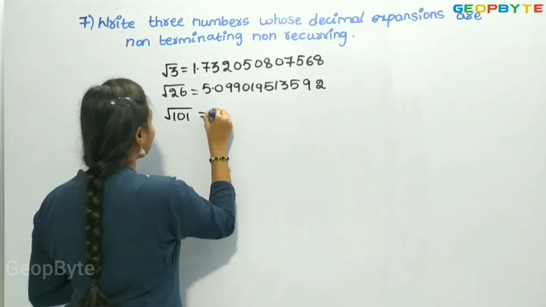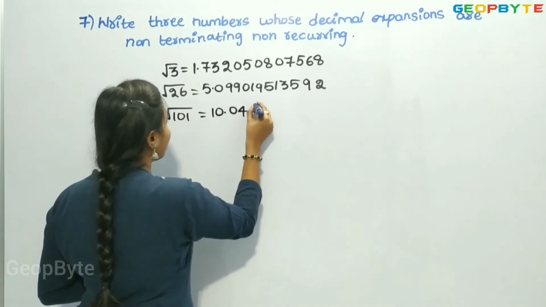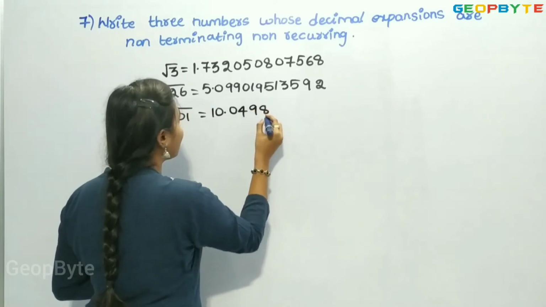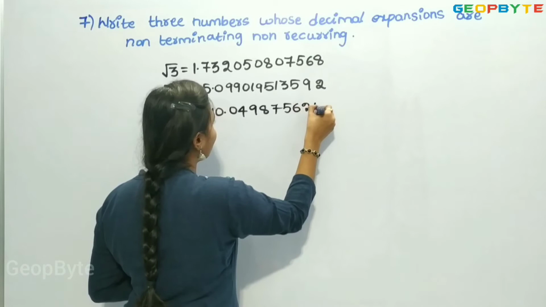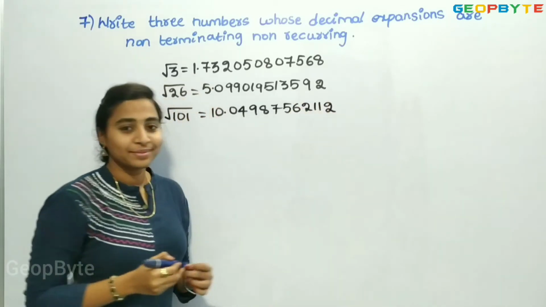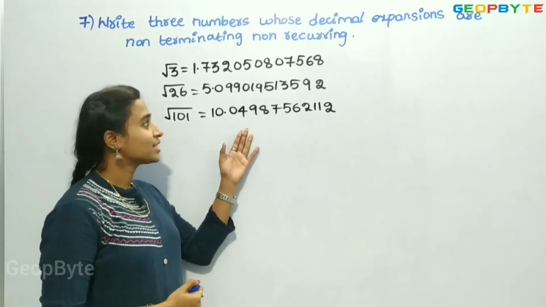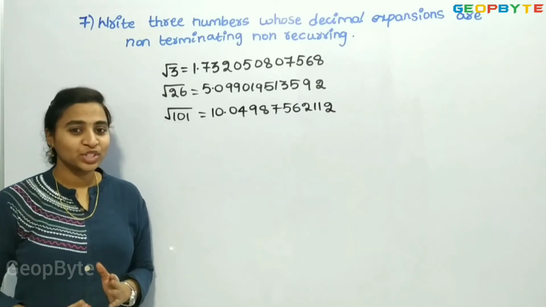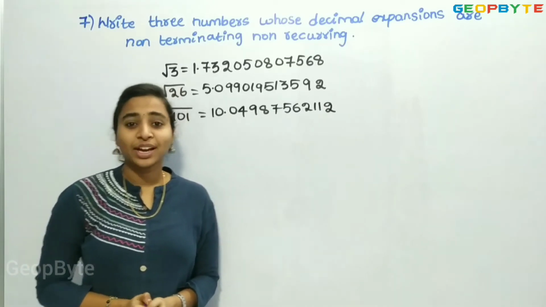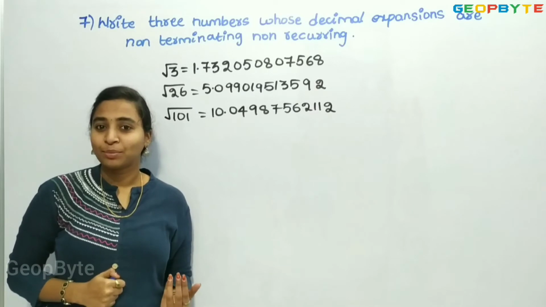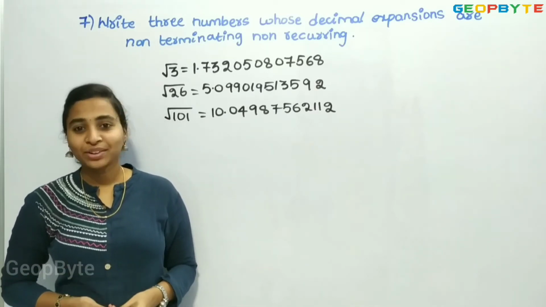That is nothing but 10.0498756212. So, root 101 also has a decimal expansion which is non-terminating, non-recurring. So, hereby we conclude that all irrational numbers have non-terminating, non-recurring decimal expansions.